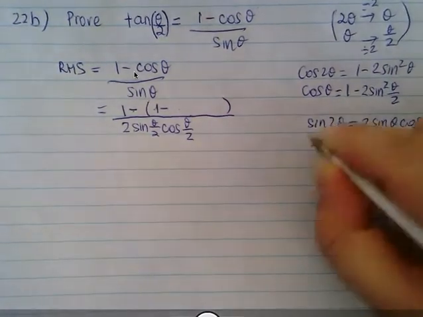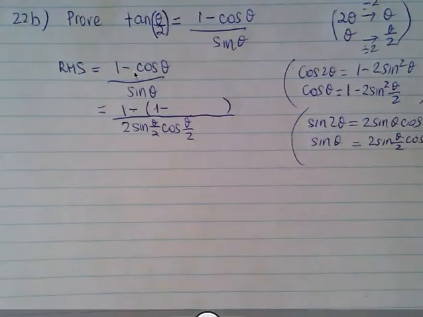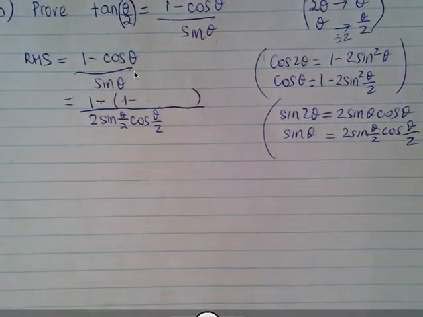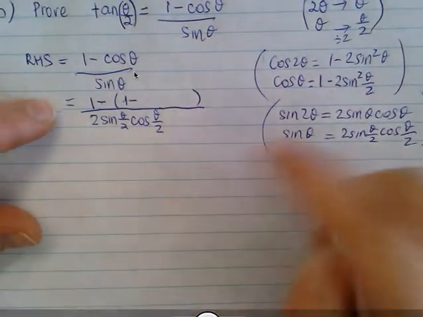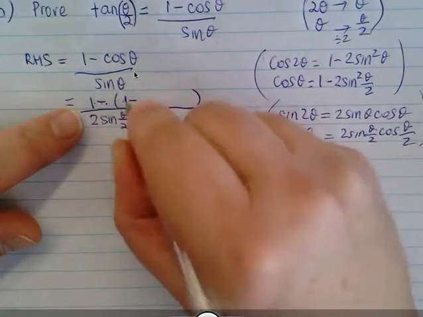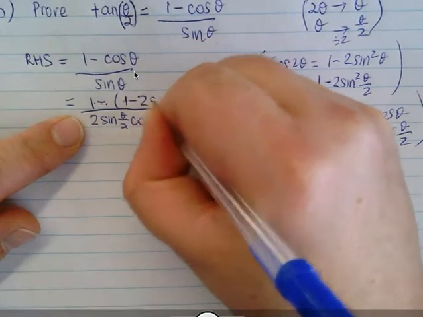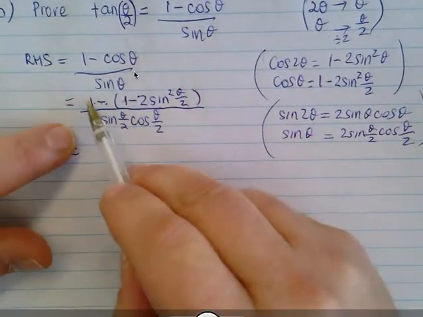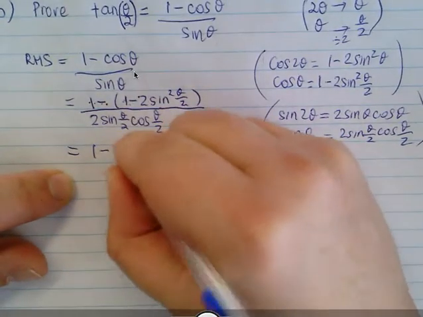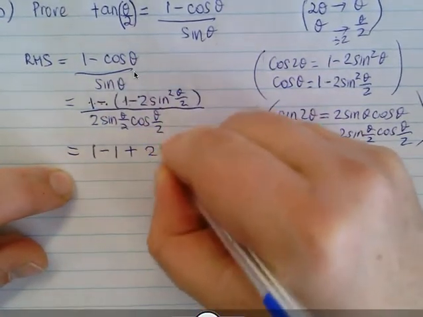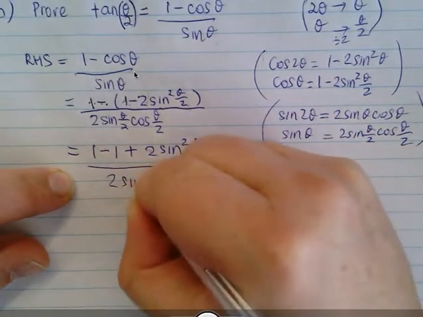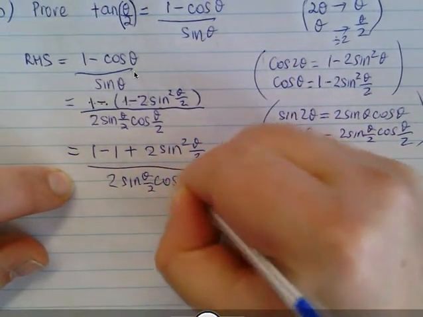They're the double angle results that we're using, but we're halving them, so we'll call these the half angle results. Now that's 1 minus 1 plus 2 sine squared theta on 2 over 2 sine theta on 2 cos theta on 2.